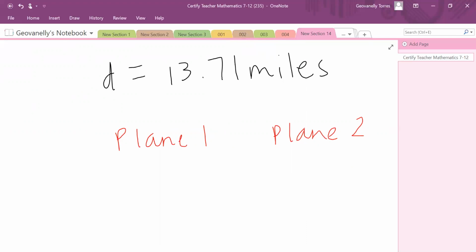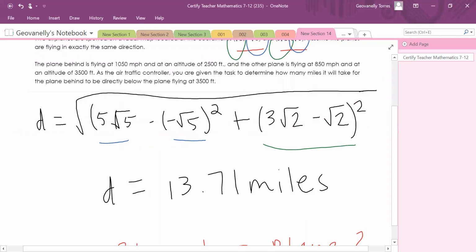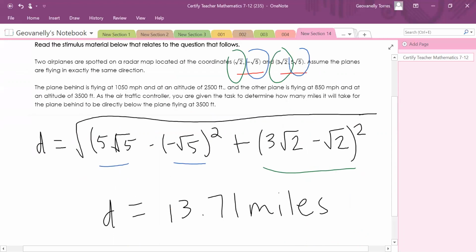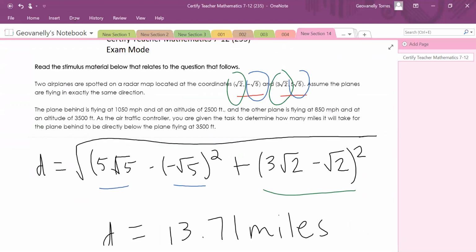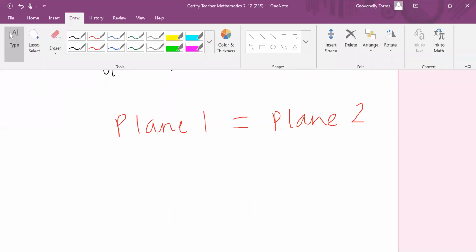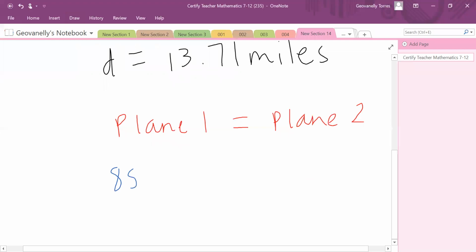And we know that they have to be equal, right? Because they have to be directly below each other. So right here, let's just assume that plane 1 is the one flying at 850 miles per hour. So right here, we'll just put 850.